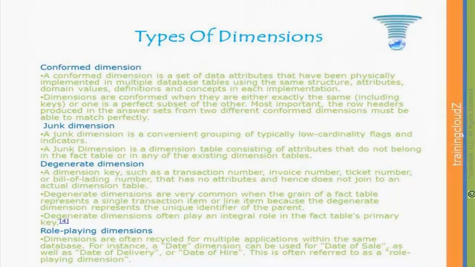Take the role of a mother: wife of your father, mother of three children, administrator for the entire home, and master of the kitchen. So she has several roles to play. So it is one date dimension table that we are using, but it will be used for several different reasons. That is called a role-playing dimension.